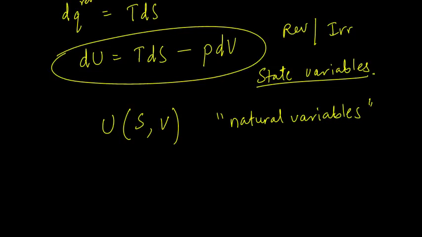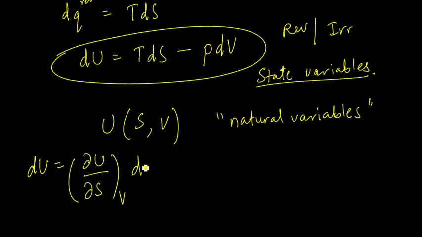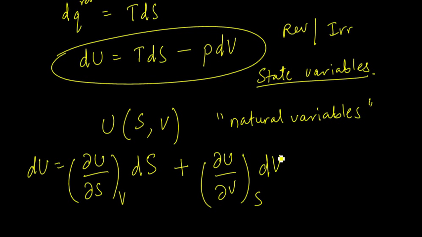So dU is equal to del U by del S at constant volume times dS plus del U by del V at constant entropy times dV.